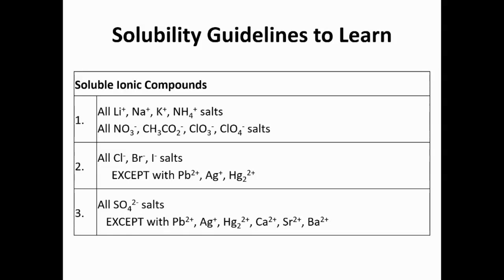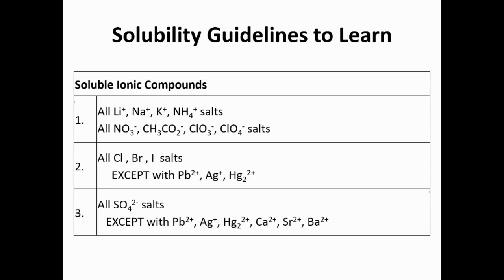The next group that are soluble are the group 17 salts: chlorides, bromides, and iodides. Almost always soluble, but we do have the exceptions of lead 2, silver 1, and mercury 1. Those particular combinations with chloride, bromide, iodide will be insoluble solids. Otherwise, all chlorides, bromides, and iodides are soluble.